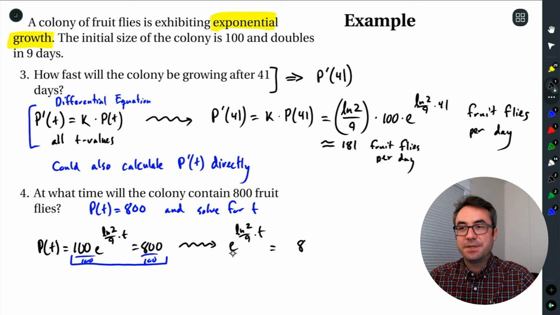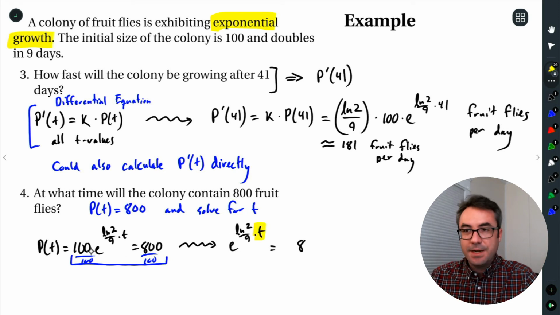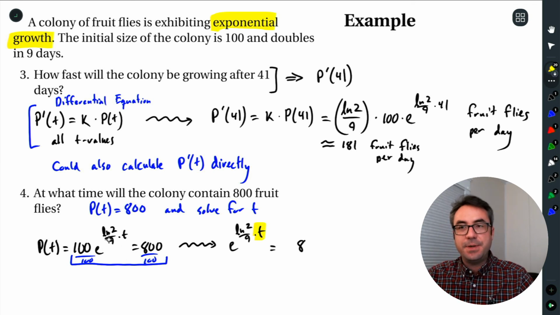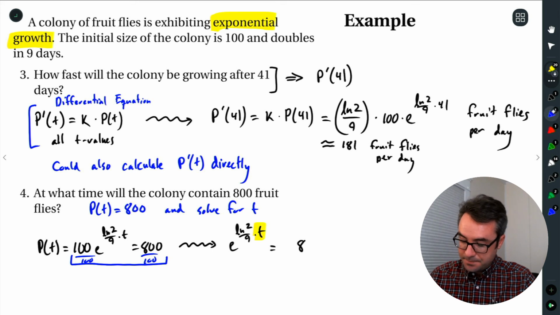We want to get rid of this exponential, so we want to solve for t. What we're trying to do in this equation is work our way, kind of unravel all of these pieces until we get to this t. So first thing we had to do, get rid of the 100. So we divided it to the other side. Next, we have to get rid of this e. How do we get rid of e? Apply natural log.